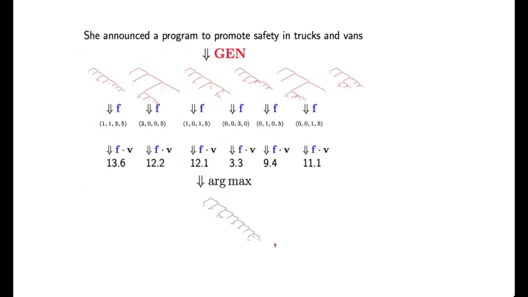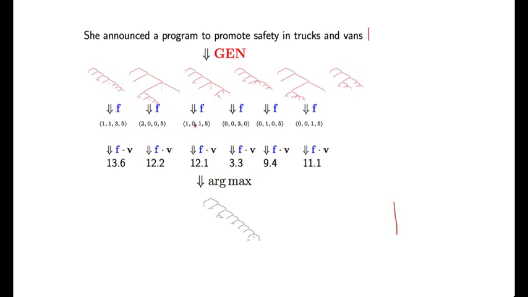So this slide may help us to visualize the entire process a little bit better. We have some input sentence, and we want to map that to a parse tree. This function GEN first enumerates some set of candidate parse trees for this input sentence. In this case, there are 1, 2, 3, 4, 5, 6 possible parse trees. Each of these parse trees gets mapped to a different feature vector through the function f.